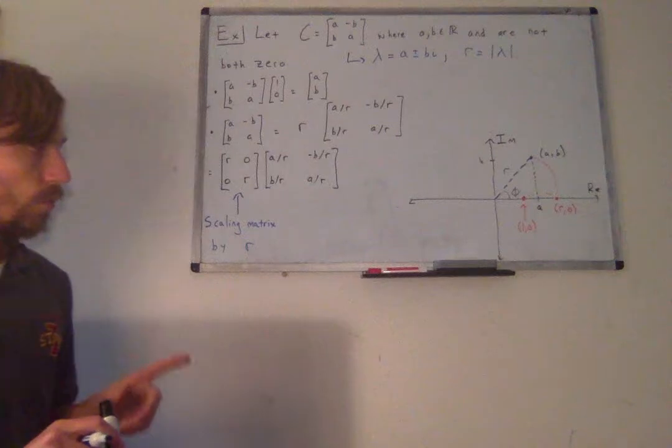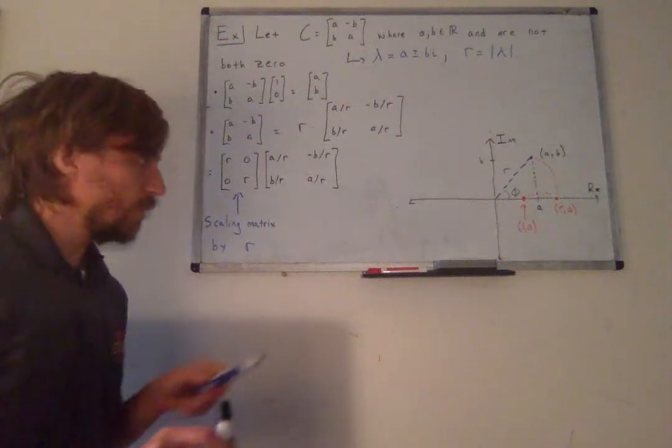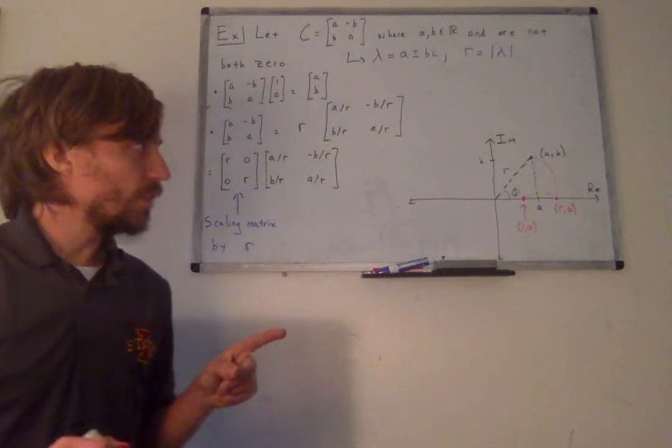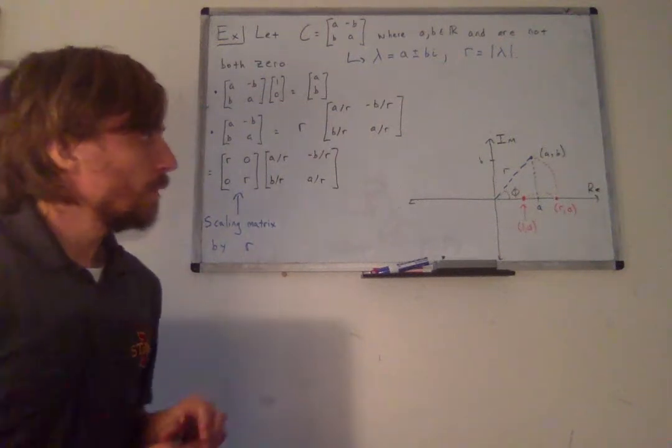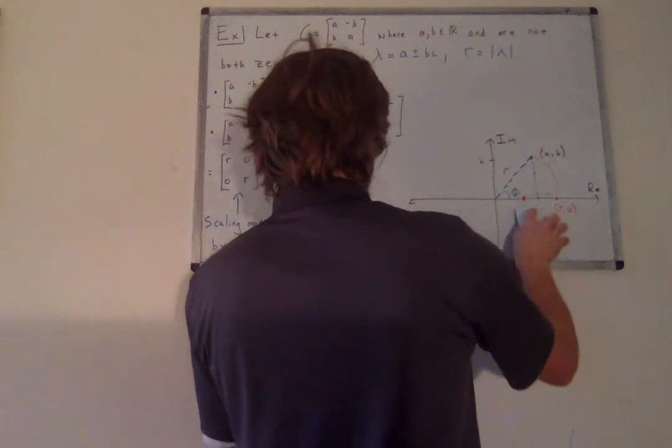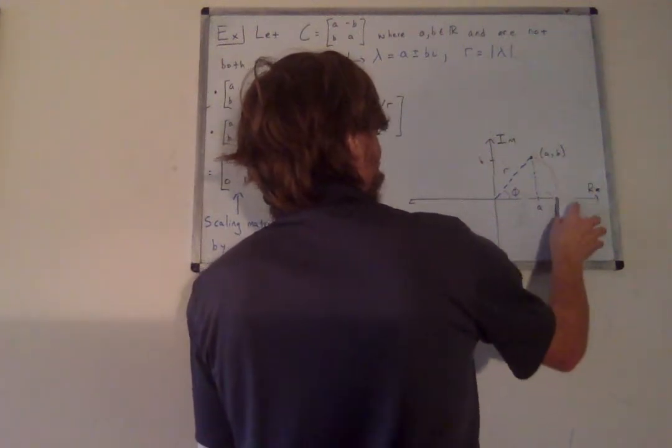But now I want to, for a brief moment, recall the definition of sine and cosine of an angle. I'm going to erase what's happening to 1, 0, and we're going to look at this triangle again.